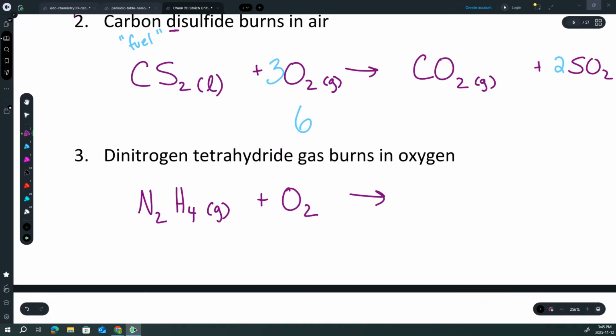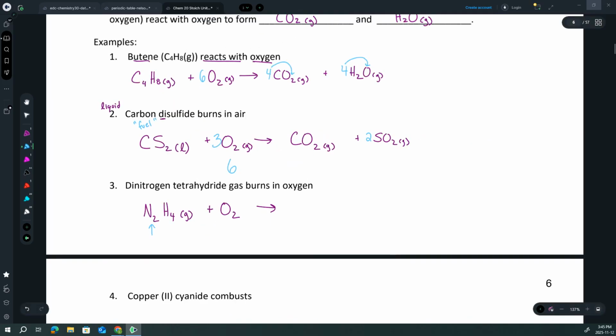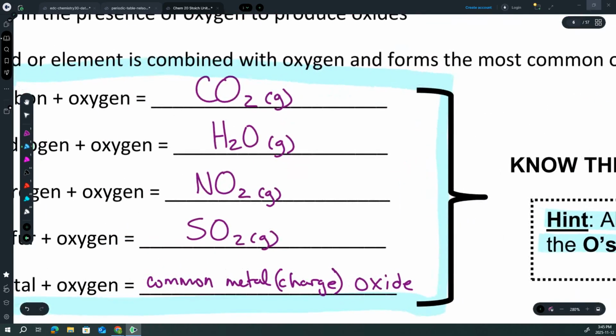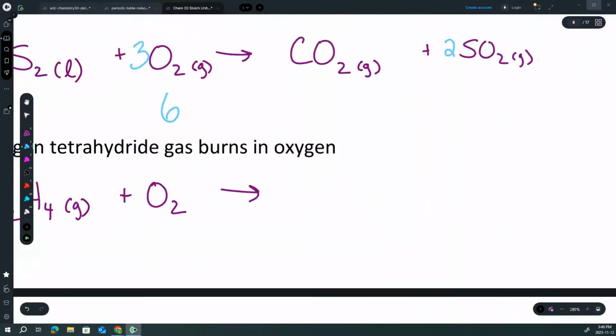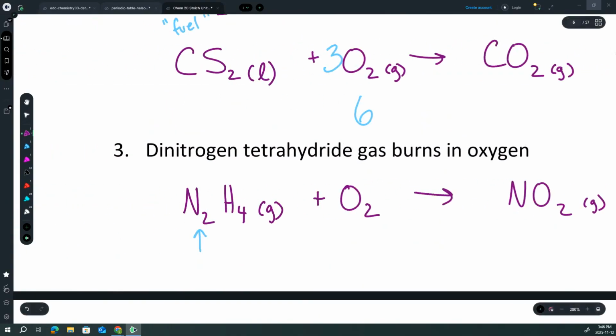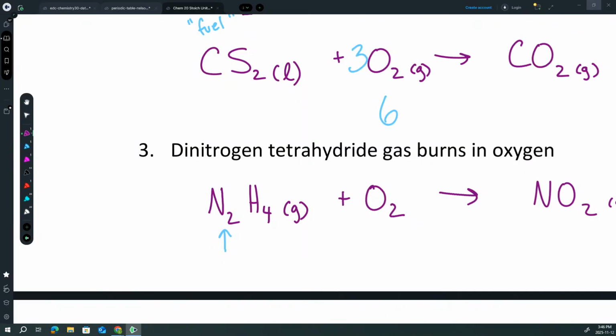Okay, so now we're going to do the exact same thing that we did before. Nitrogen reacting with oxygen, the most common oxide between nitrogen and oxygen would be nitrogen dioxide. So NO2 gas plus, now we're going to do the same thing for hydrogen.